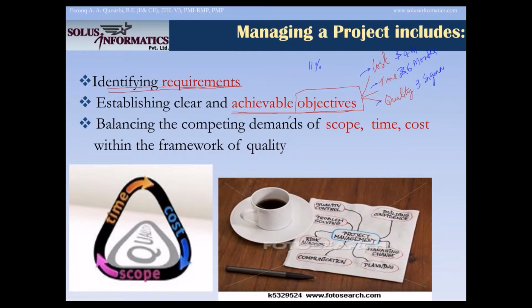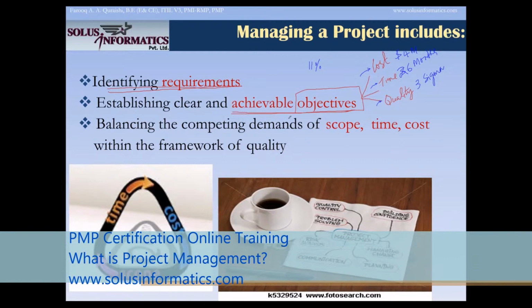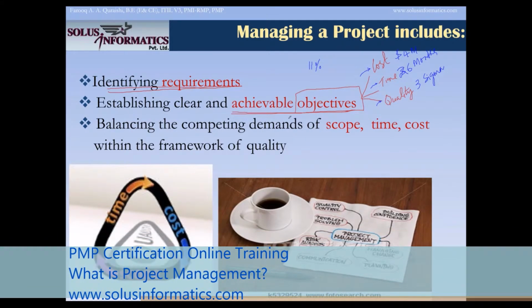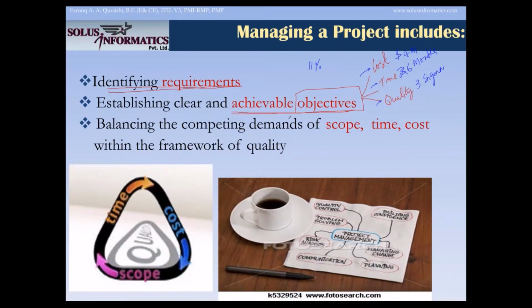It is not so easy to meet all the project objectives on a mega project, because when you try to hold one end, the other end goes loose. For example, if you're running behind time and you try to make up the time, the cost gets impacted. You might have to bring in additional resources and put things in parallel. You have to fast track. So when you're trying to make up on the time, the cost is coming out.